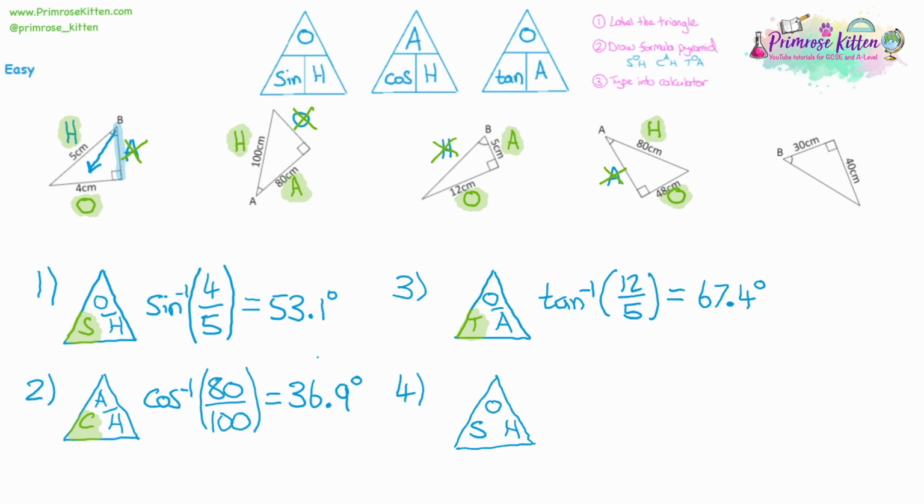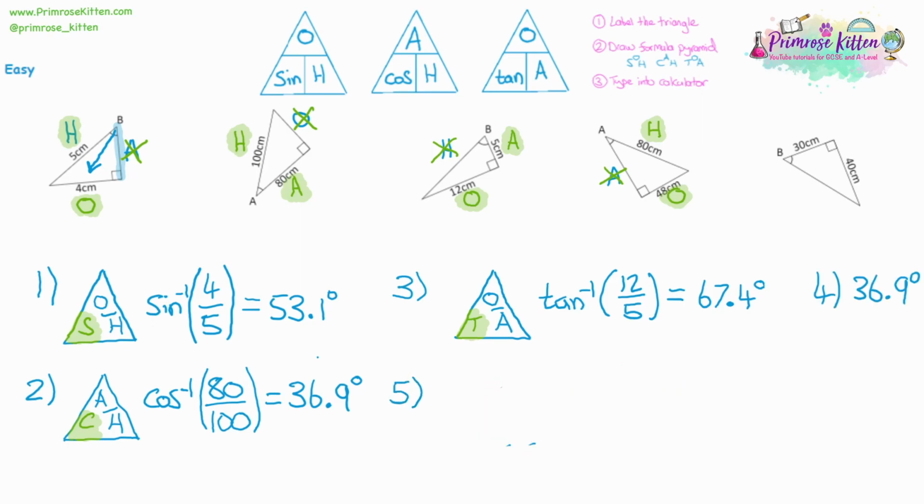We are looking for the angle, so we're going to cover up sine, and that leaves us with O divided by H. So on your calculator, type in sin to the power of -1, and that's going to be divided by the opposite, 48, over the hypotenuse, 80. Close your bracket, press the equals key, and the answer should be 36.9 degrees.